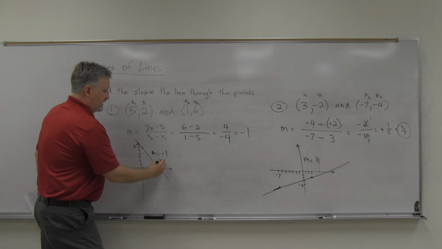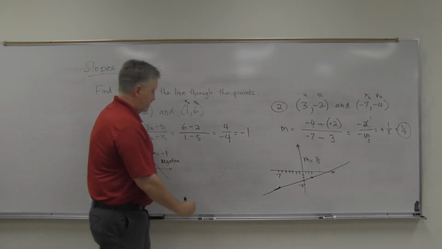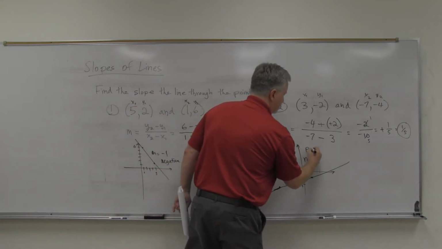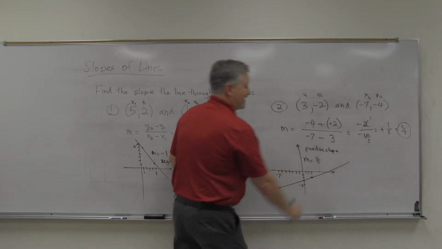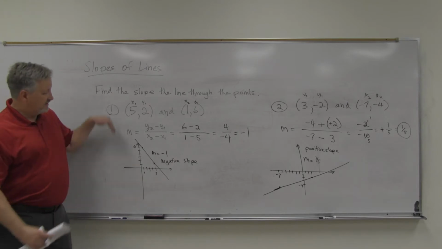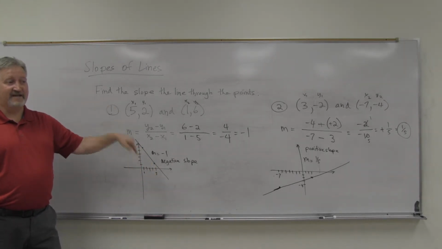so this one has the negative slope, and this one has the positive slope. And of course, we note there, the difference between the two: the negative slope, from left to right anyway, the direction is downhill, right?